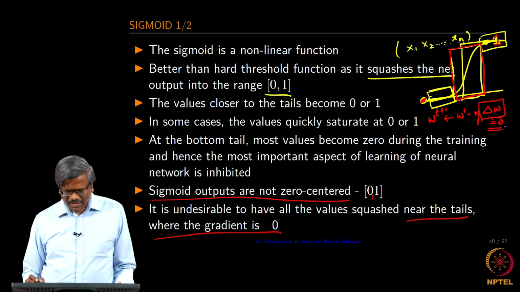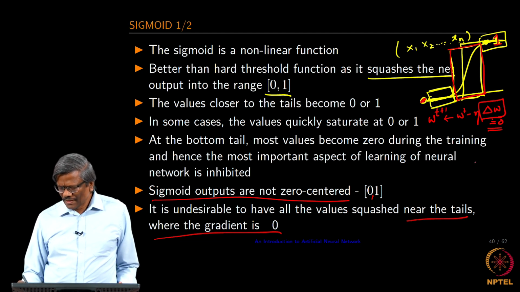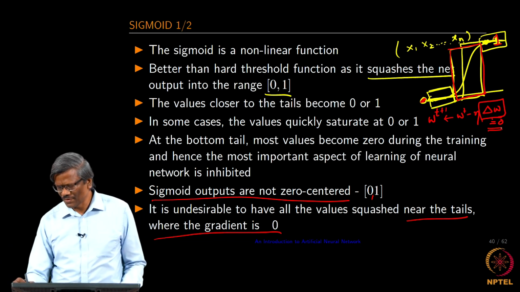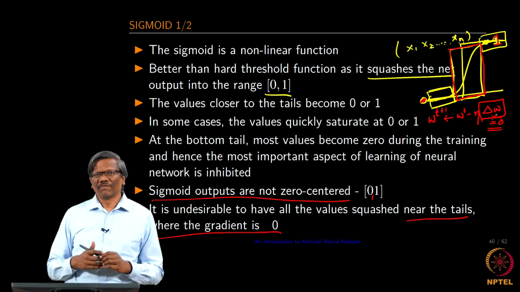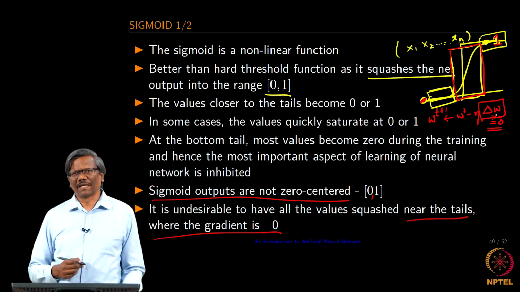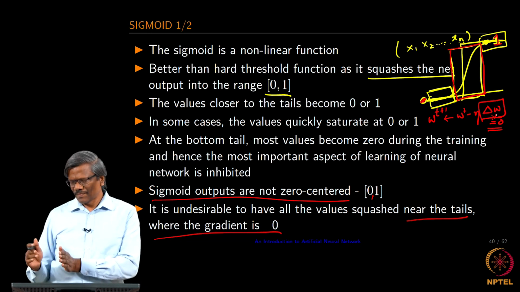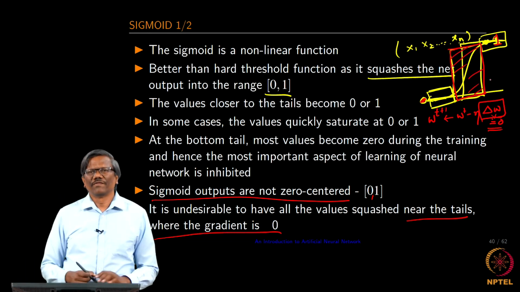We need to have some difference between the previous iteration and this iteration, so that this value is not equal to 0. That means we want to have some gradient maintained. When you have a gradient which is in this space, then we are doing good.